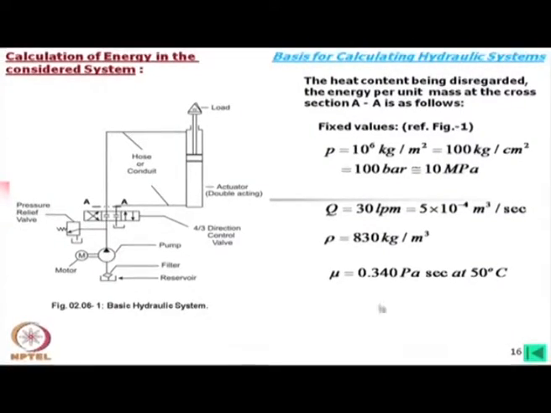Okay. Now, viscosity, this is of course using the what the oil you are using, on that it will be specified by the manufacturers, but it is 0.340 Pascal second at 50 degree centigrade.